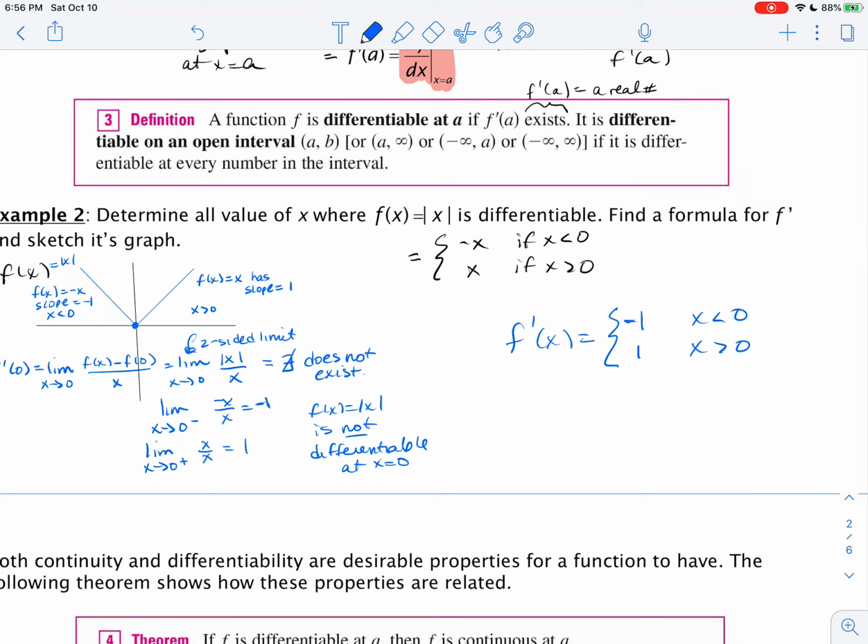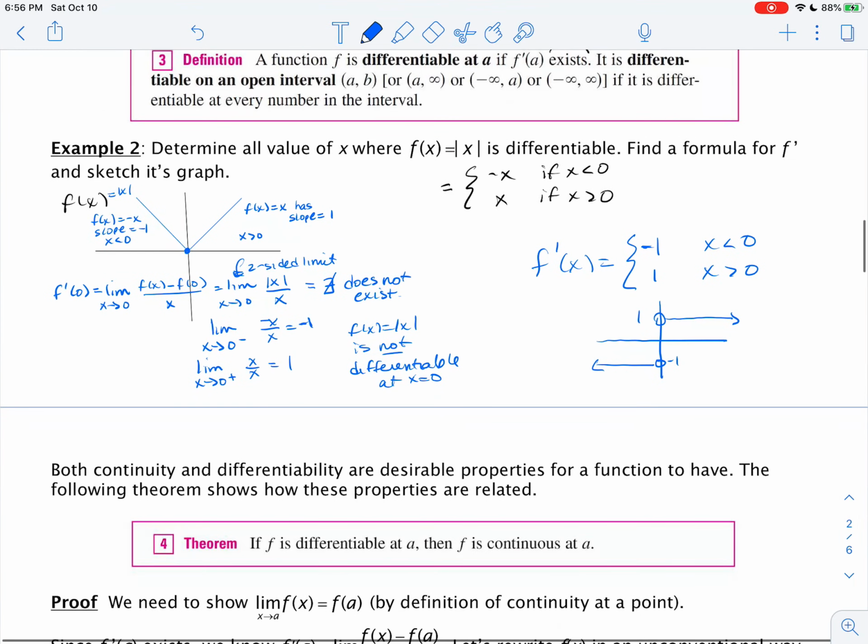So note that x equal to 0 is not in the domain of that derivative function. And if I were to graph it, I would have minus 1 on the left with a line up to it, and on the right-hand side it would equal 1, because the derivative would be 1 on every value bigger.